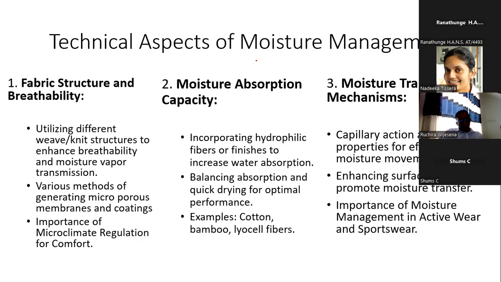At the molecular level, the diffusion and the capillary all contribute to the wicking. And also you can look at the surface energy as well. By creating a gradient in the surface energy across the fabric thickness, you allow the moisture to be transported from the high concentrated area to the low concentrated area.